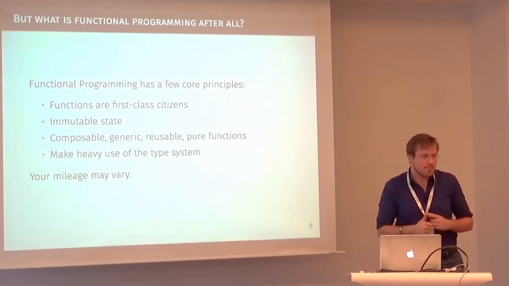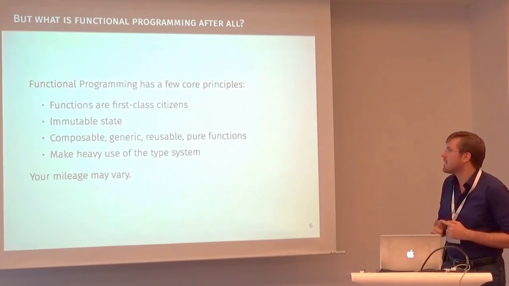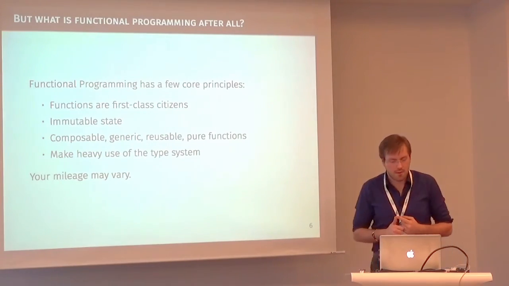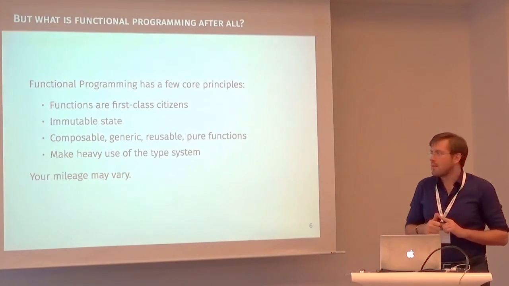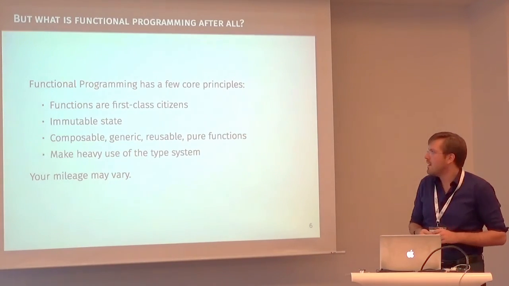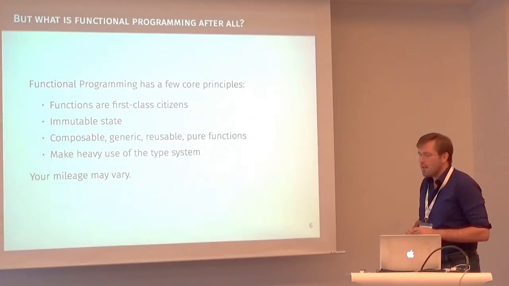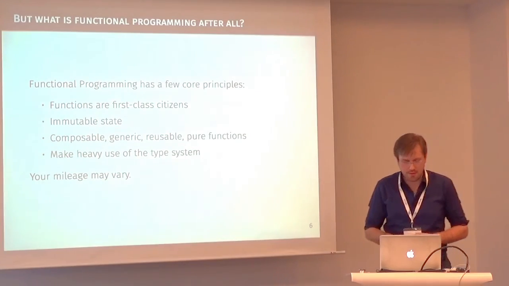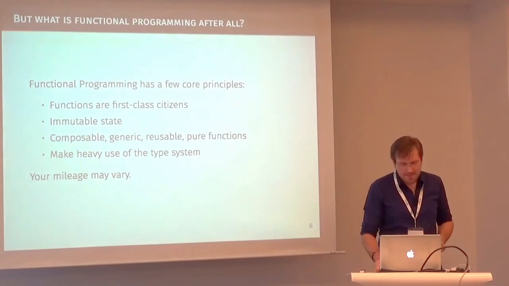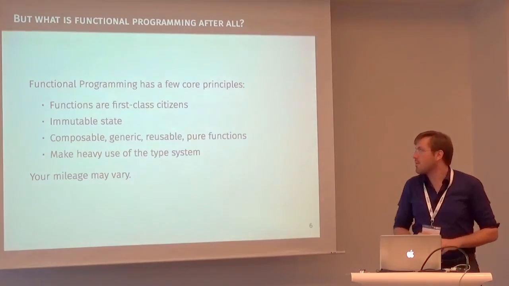The first one, that is probably the least controversial, is that functions are first-class citizens. Functions are values that you can pass around and use, like integers or like strings. And you do a lot of things with functions. You play with functions, you have fun with functions. And the second one is immutable state.